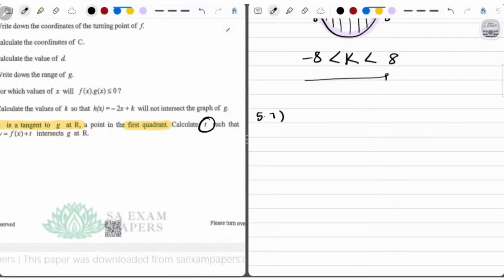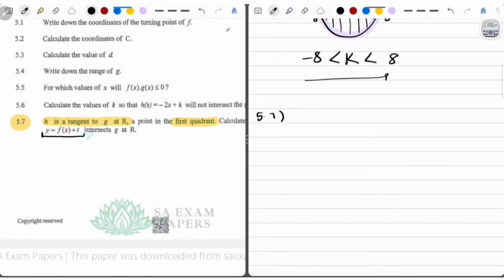They say to calculate t such that y is equal to f of x plus t intersects at r. So we have this new equation or graph, y is equal to f of x plus t. So it includes that parabola plus t. We need to find the values of t for which it's actually going to intersect at r.